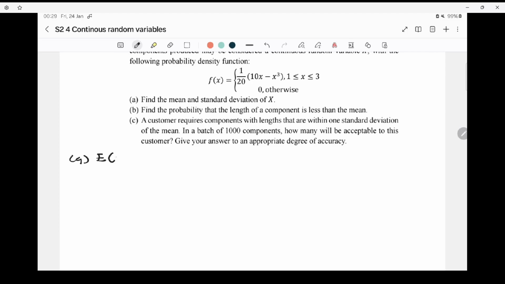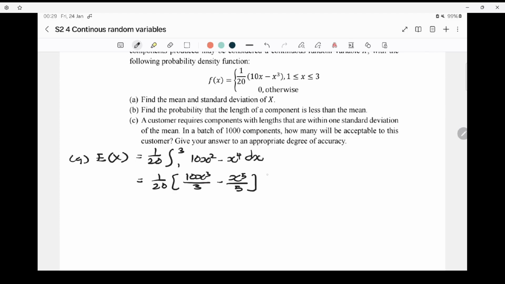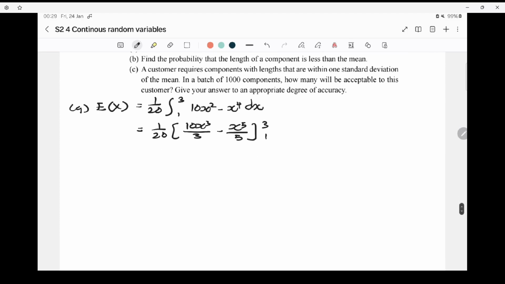So the mean would be to integrate from 1 to 3 of 10x squared minus x to the power 4 dx. So this will be 10x cubed over 3 minus x to the power 5 over 5. You integrate from 1 to 3.